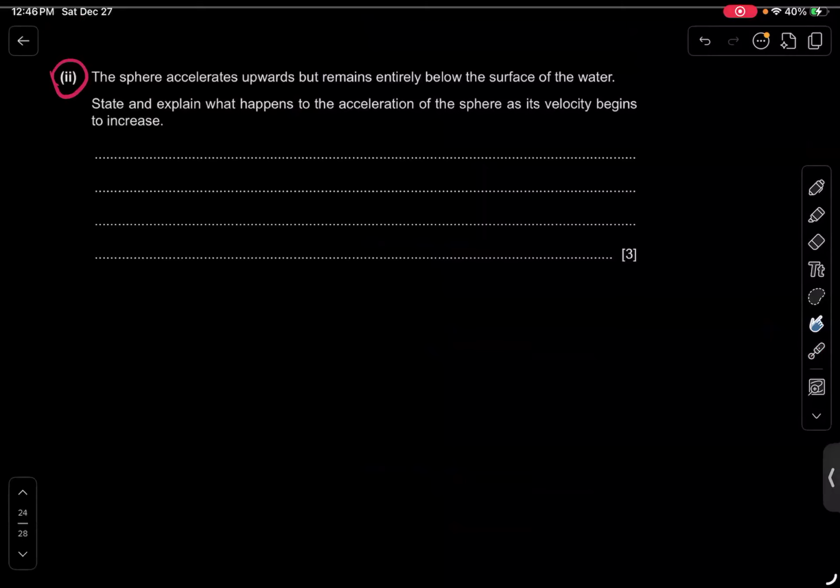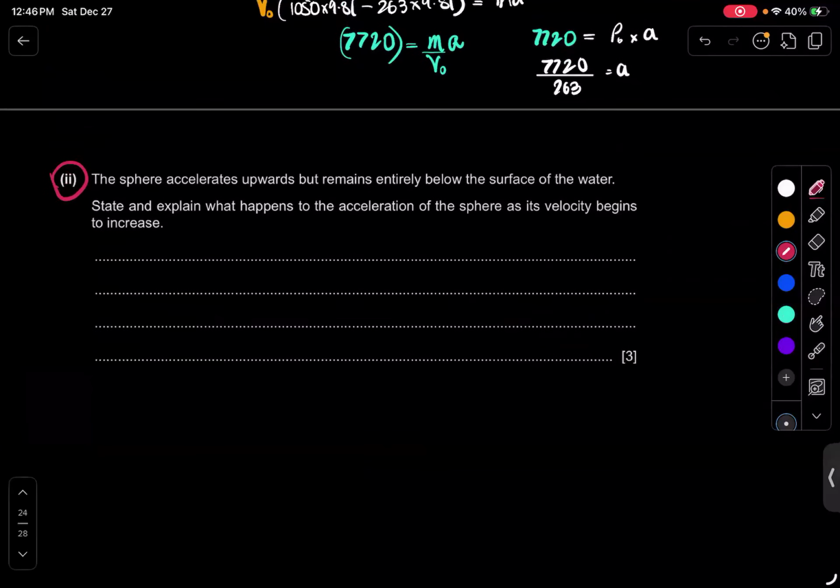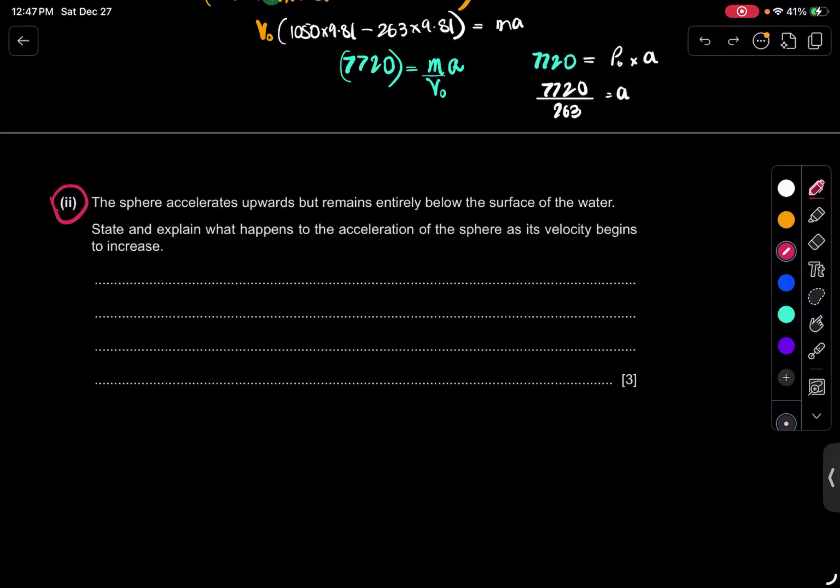Now, the question says the sphere accelerates upwards but remains entirely below the surface of the water. State and explain what happens to the acceleration of the sphere as its velocity begins to increase.